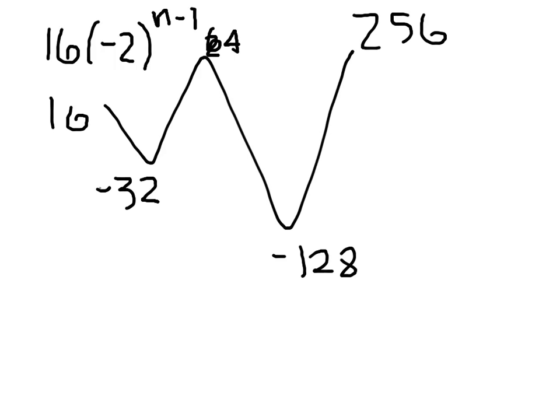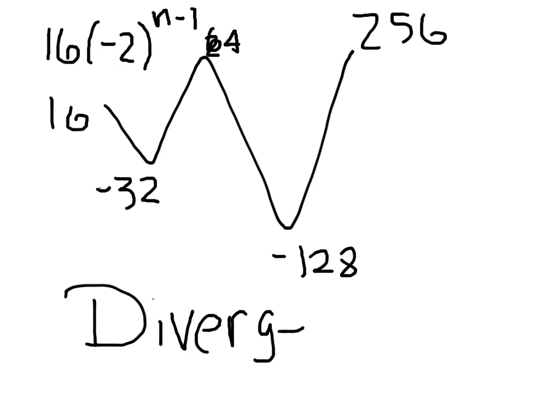So that's what I mean by going a little crazy. It just gets bigger and smaller and smaller and bigger, and the numbers just get huge. And this series is geometric, but it diverges.